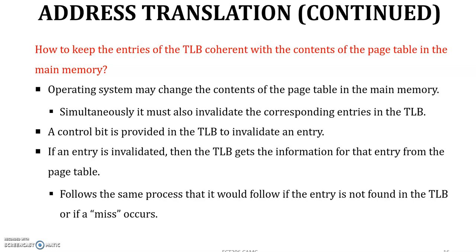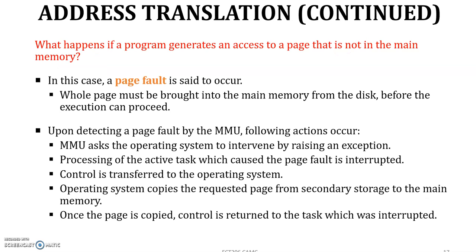A control bit is provided in the TLB to invalidate an entry. If an entry is invalidated, the TLB gets the information for that entry from the page table. This is the same process that happens when a miss occurs, or when the entry is not found in the TLB.